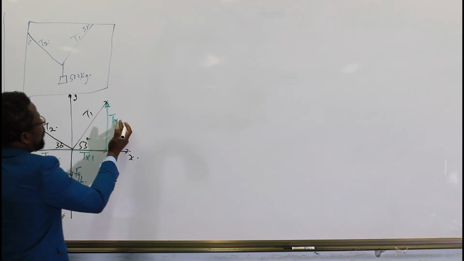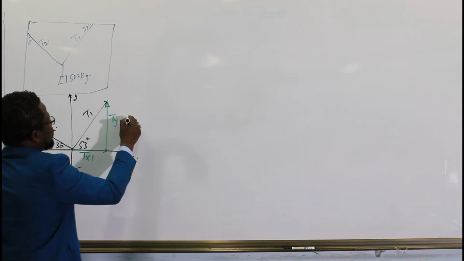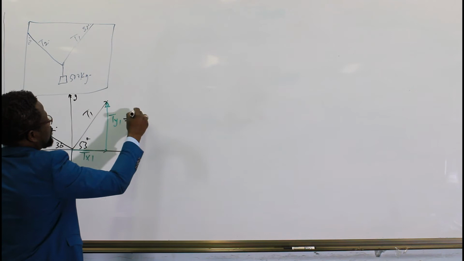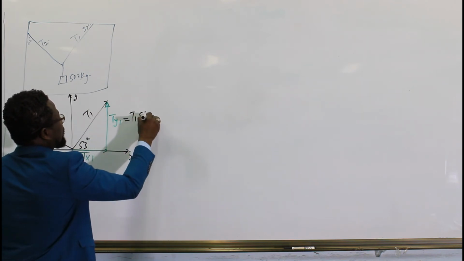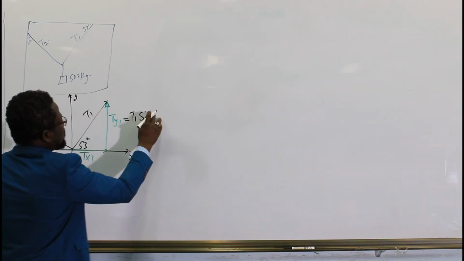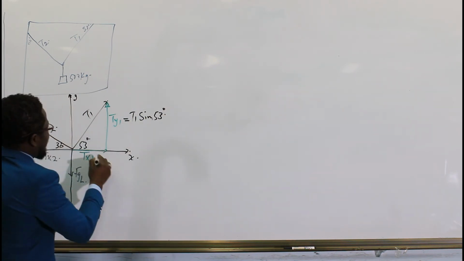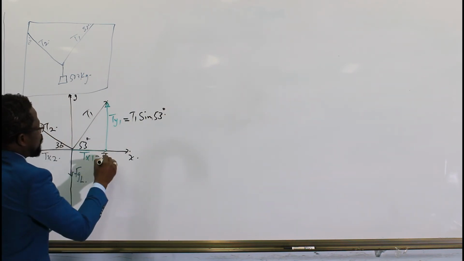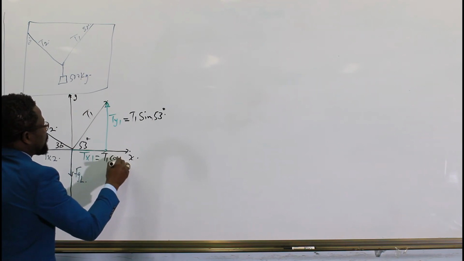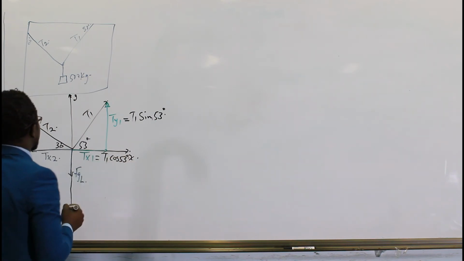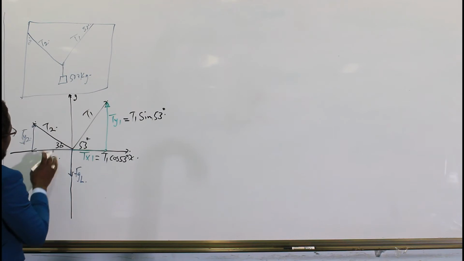This is the angle, opposite side is this, so therefore this is just simply going to be T1 sine what? Sine 53 degrees. And this side is just going to be T1 cos 53 degrees. And here we are going to have the sides to become our Tx2 to be equals to, this is the adjacent.